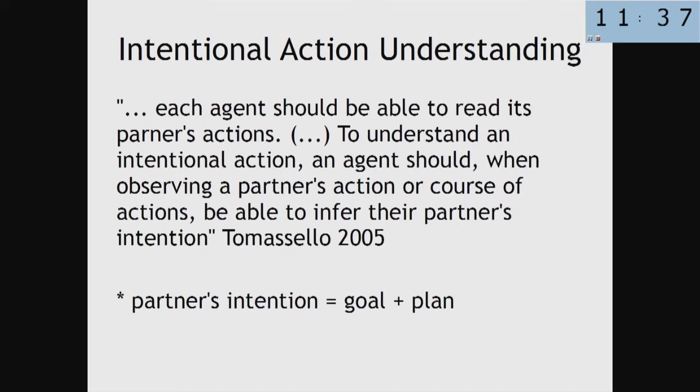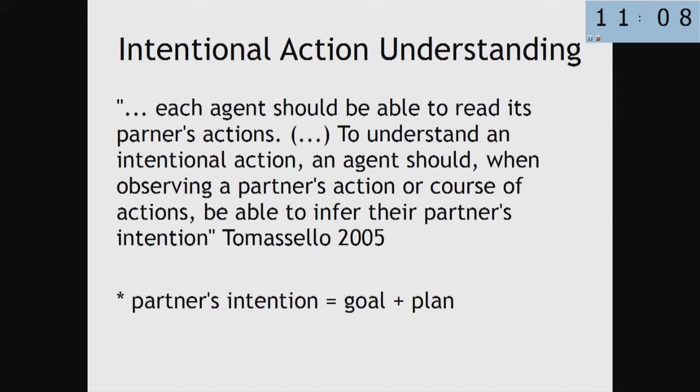The third coordination process is intentional action understanding. If we come back to Michael Tomasello, he says that each agent should be able to read its partner's action. To understand an intentional action, an agent should, when observing a partner's action or course of action, be able to infer their partner's intention. And in the words of Michael Tomasello, intention is the goal and the plan.